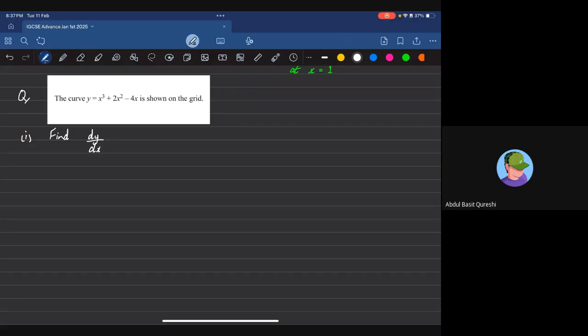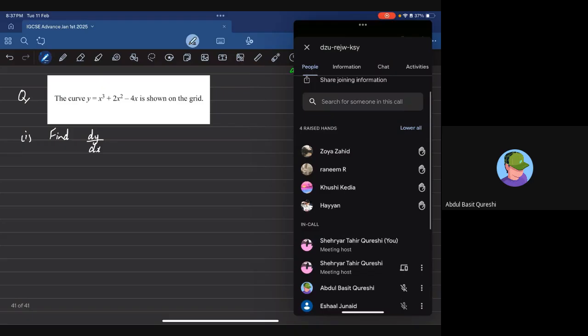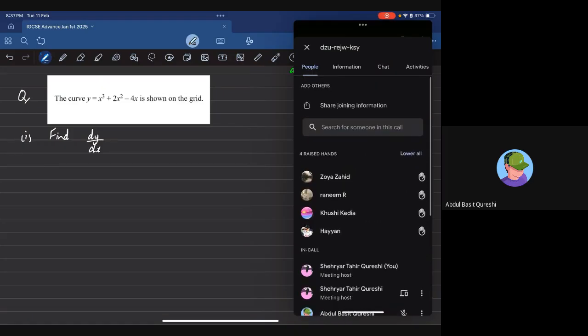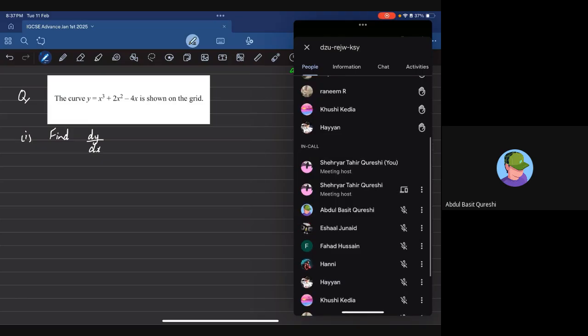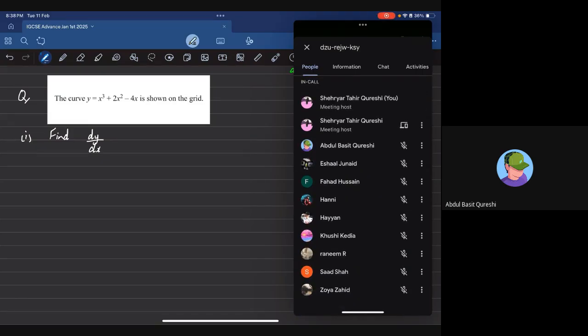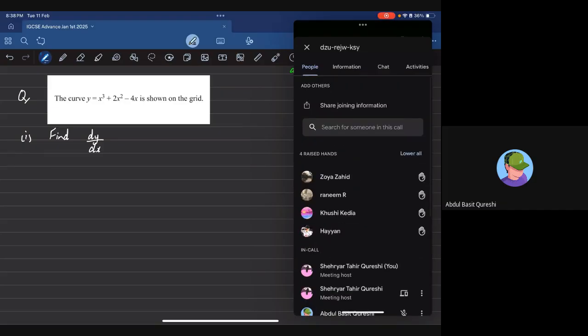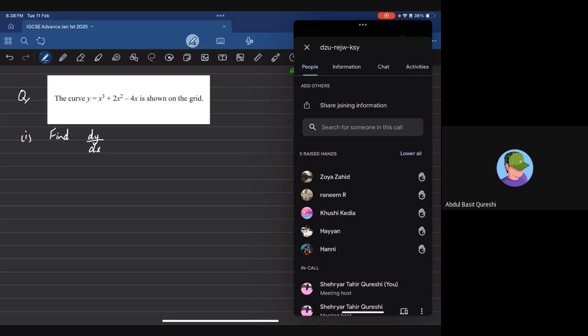I'm thinking of changing it too. Mine is like a fat panda and it's pink, which is fun too. All right, Hayan's done. Who's left? Ishal is left and only Ishal and Hani are left. Let's see who's the last one. It's a race. It's so much fun. Hani's done it.